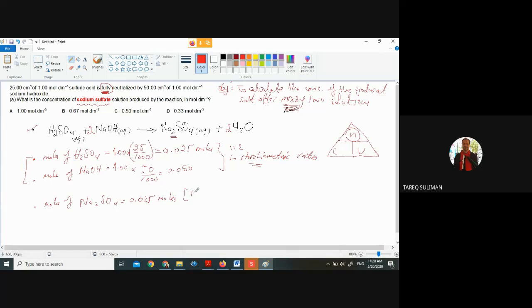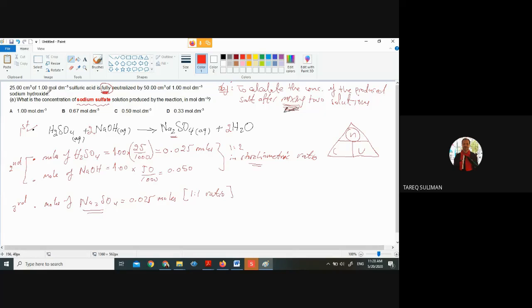Because they are in a 1-to-1 ratio. Clear? Now we need to calculate the concentration. Who can help me in solving this, the last step? This is the first. Second, we calculate the number of moles. Third, we use the reaction stoichiometry to calculate the moles of Na2SO4.